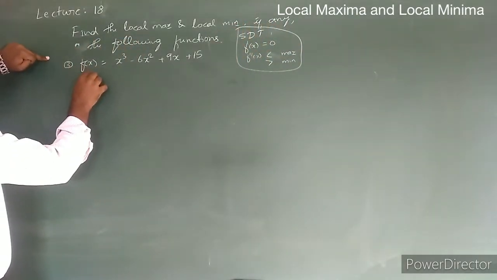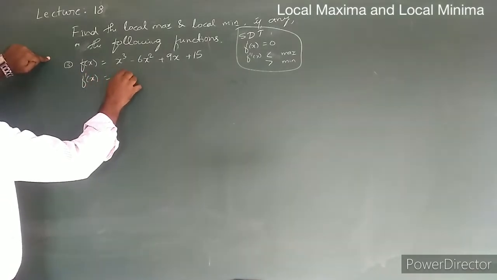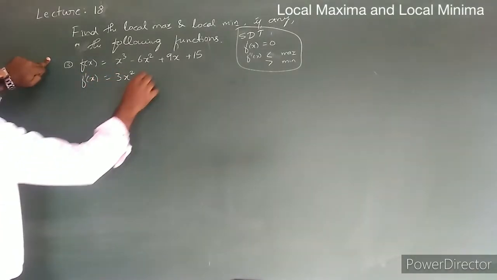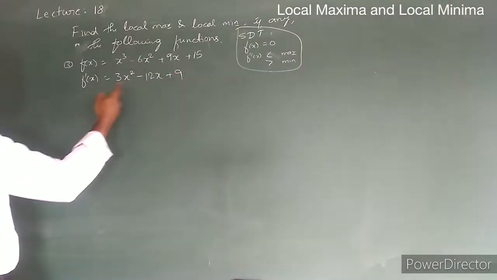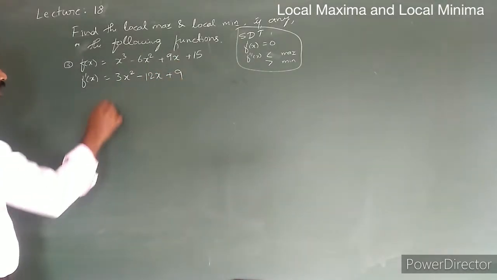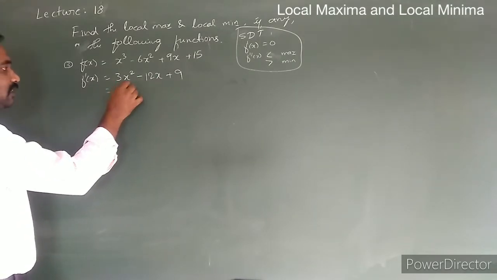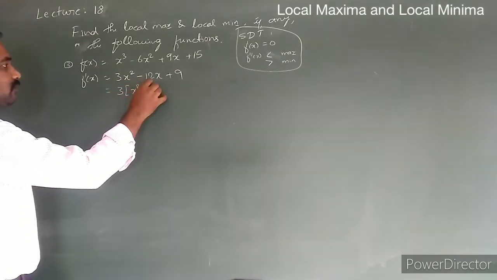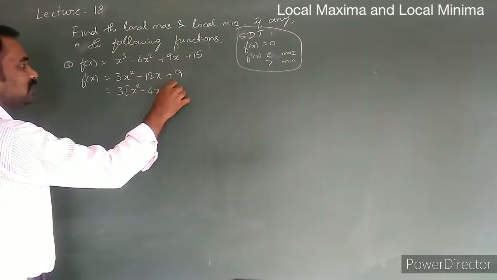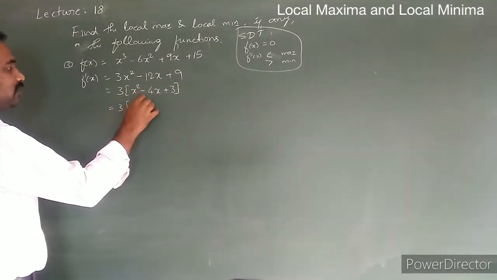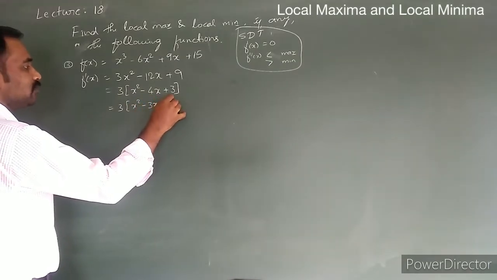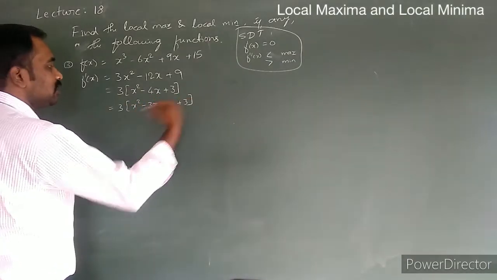Okay, differentiating. f dash of x is equal to 3 times x square minus 12 into x plus 9. Now, I just write this in factorized form. I take 3 as common: x square minus 4x plus 3. That is 3 into x square minus 3x minus x plus 3.